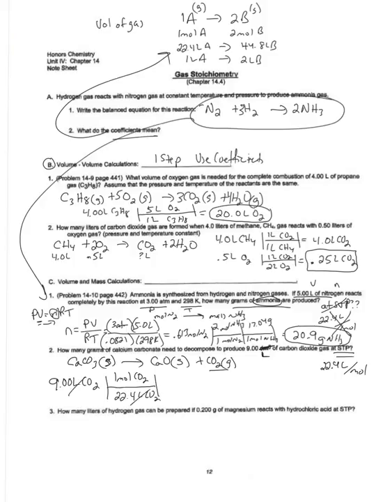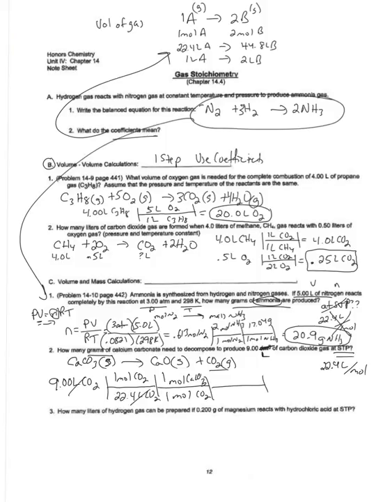Liters cancel. We're trying to go to grams of the solid. So now we can do moles of carbon dioxide to moles of calcium carbonate. This is what makes it stoichiometry. Whenever we have a mole ratio, that's a stoichiometry problem. This is a 1-to-1.